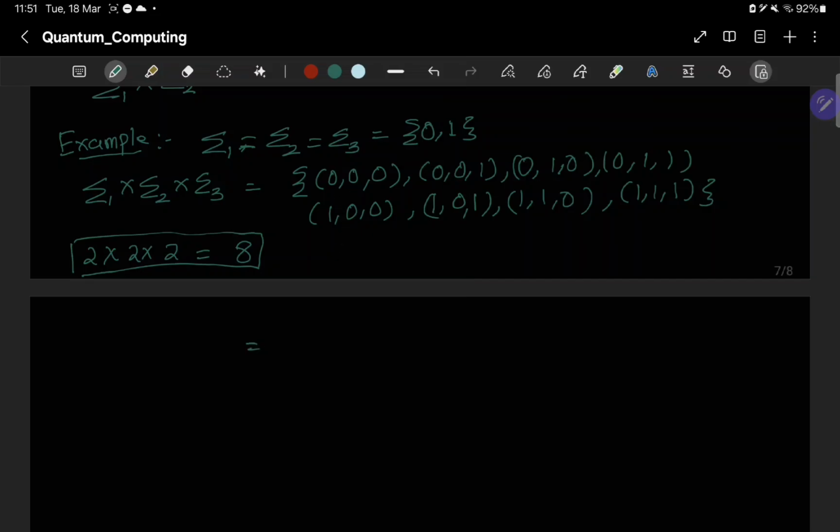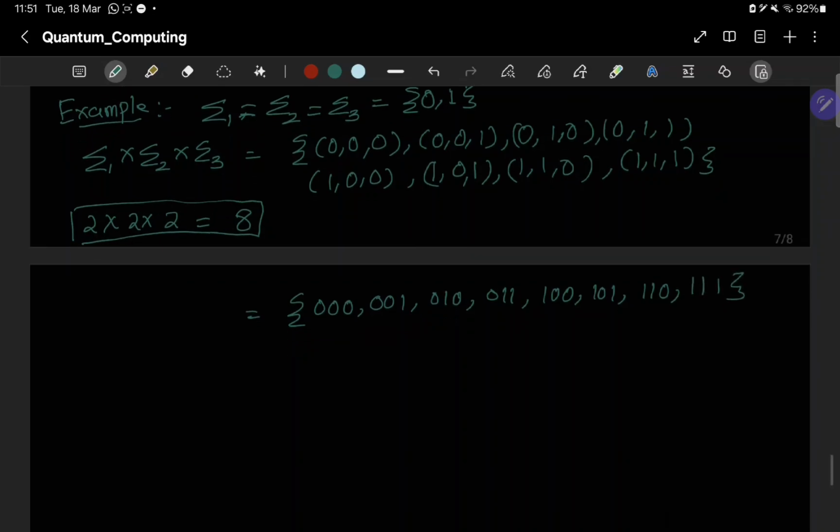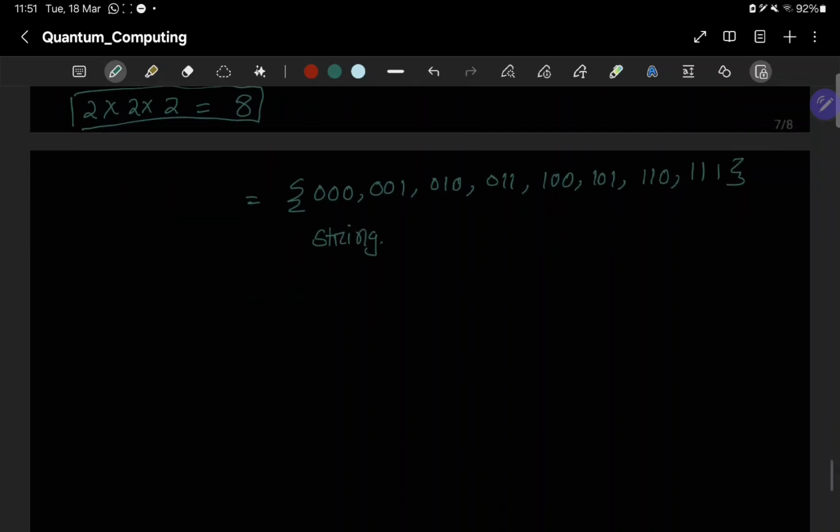Instead of writing them as tuples, we can also write them as strings, like 000, 001, 010, 011, 100, 101, 110 and 111. So there is a specific convention that we use to write the states of a compound system, or the Cartesian product of classical states.